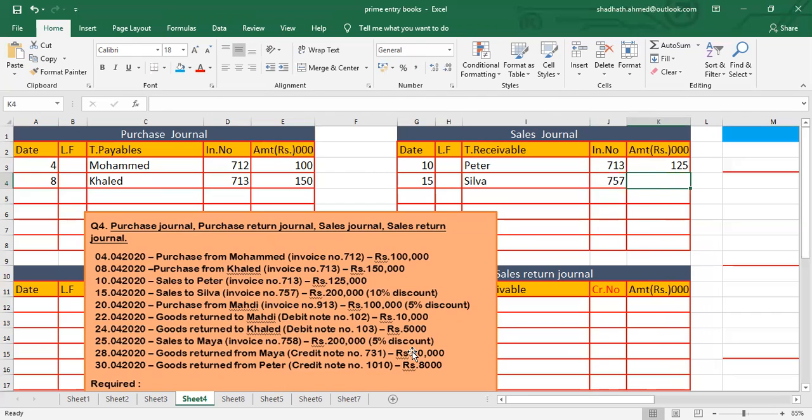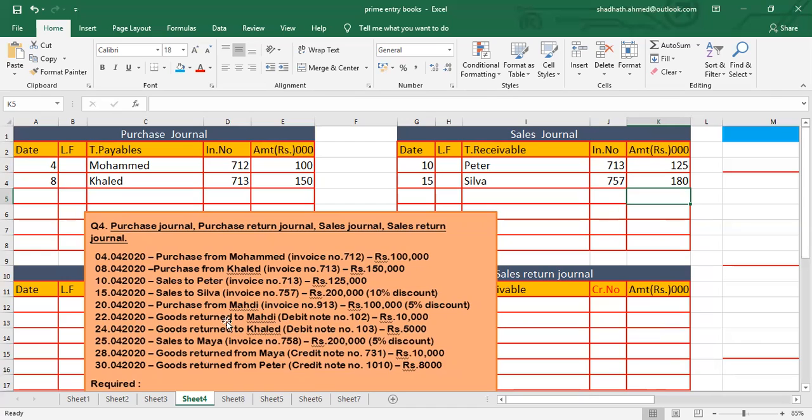So 200,000, 10%, 20,000. If you deduct, only 180 will be recorded in sales journal. That discount 20,000 will not be recorded anywhere in accounts because it is a trade discount. At the selling point, if there is a discount, we call it trade discount. It will not be recorded in accounts anywhere.